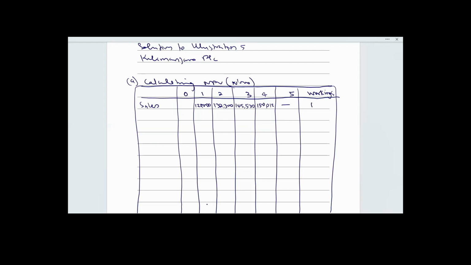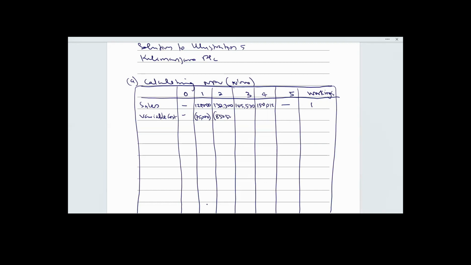This is working number 1, variable cost. For year 1, variable cost 75,000. What about year 2? Year 2, 85,050 naira.